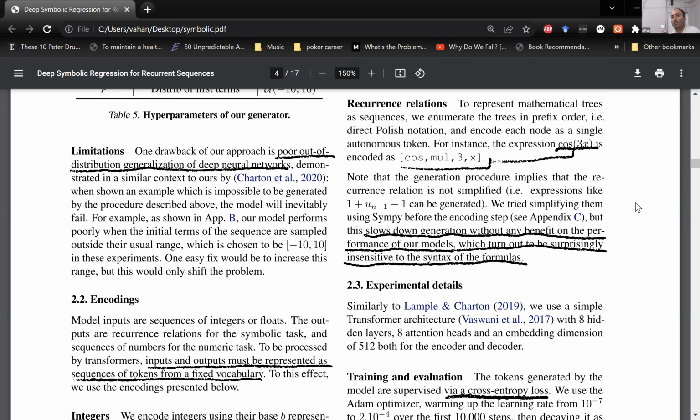There is no recursion here in this example. But if the model were to predict an output, it would have a way of saying n, and maybe a way of saying take the value u-1 or u-2, because you have to encode also the index. The generation procedure implies that the recurrence relation is not simplified.